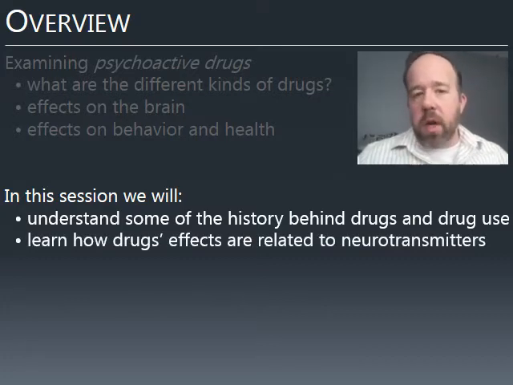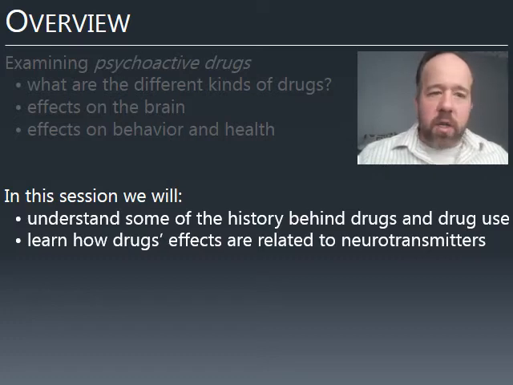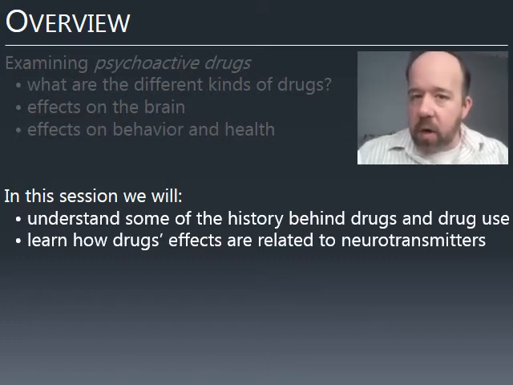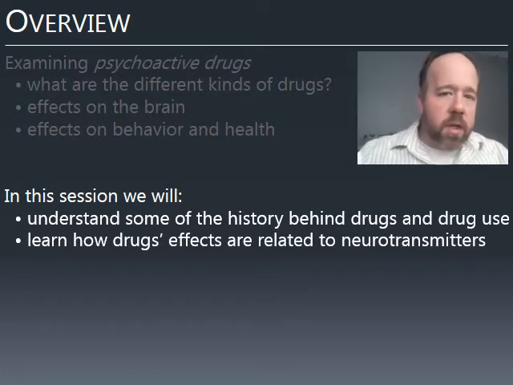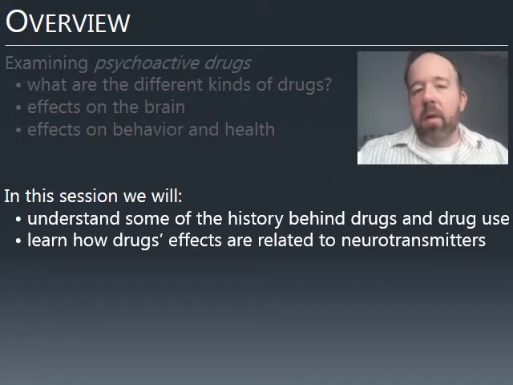Again, we'll also look at how the effects of a drug are related to the neurotransmitter or neurotransmitters that drug affects. So when we say that a drug enhances the activity of a certain neurotransmitter, the effects of taking the drug can often be guessed, and guessed pretty well, from knowledge of what neurotransmitters changed.